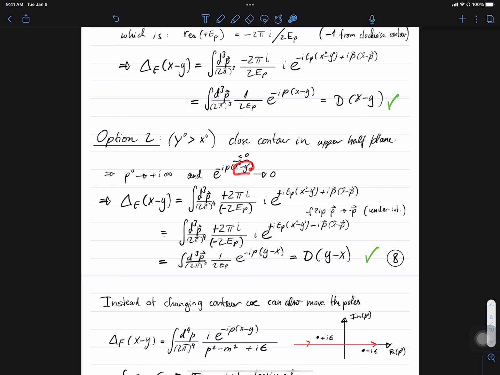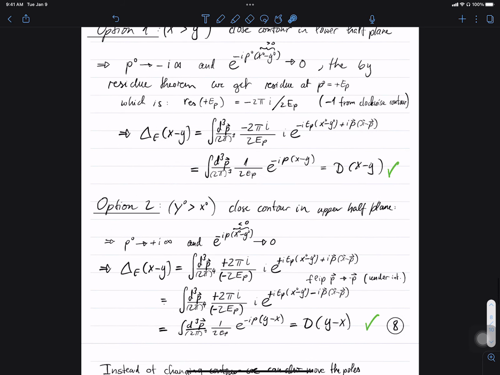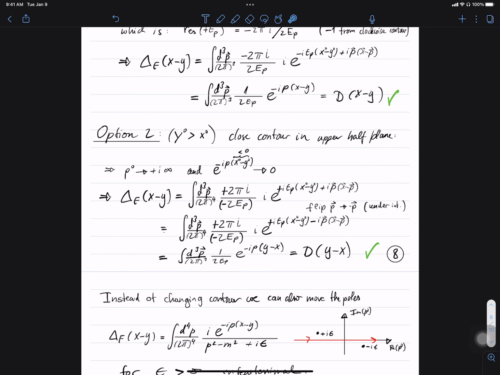Since this is a negative number, this will go to e to the negative infinity if p naught goes to positive i infinity, right? So this goes to 0, and we go through the contour in this way, and again close it counterclockwise. Now we have no negative sign coming from the orientation of the contour, and we get this expression here, analogously to the above.